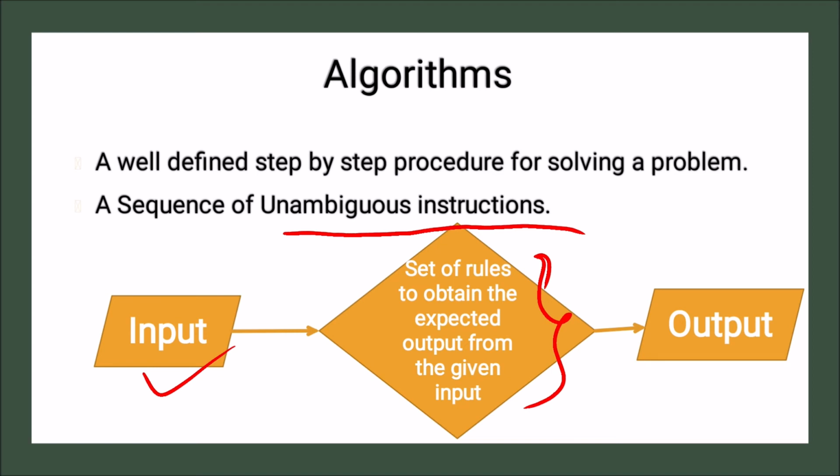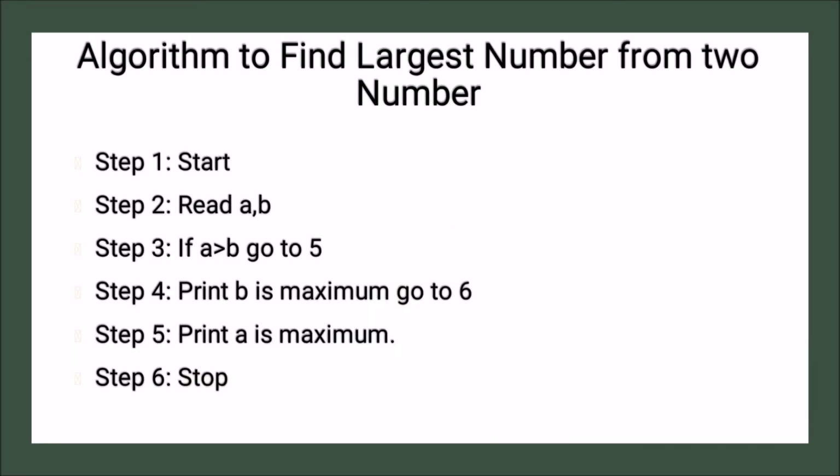This set of rules, set of instructions, or step-by-step procedure is nothing but the algorithm, and it is written for a particular purpose. If we want a particular output, for that purpose the algorithm is written, and based on that we get the output.